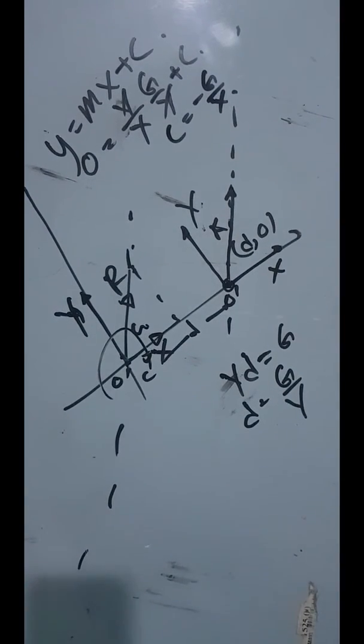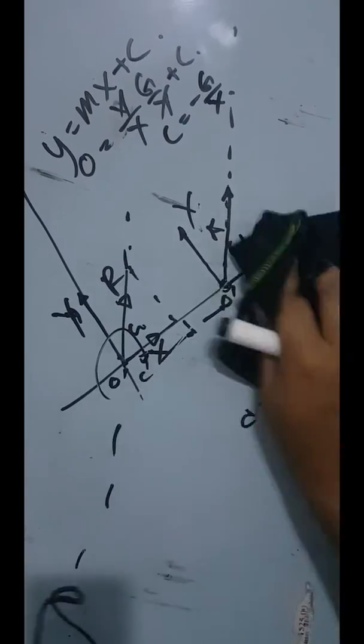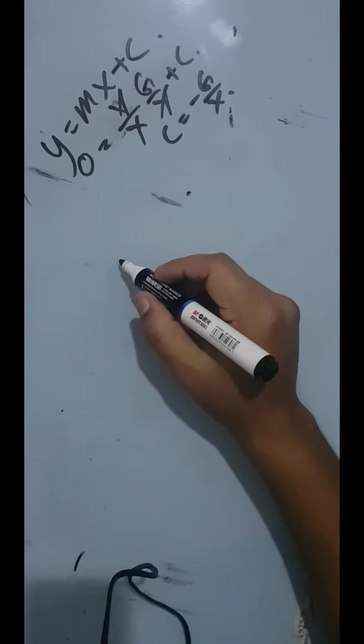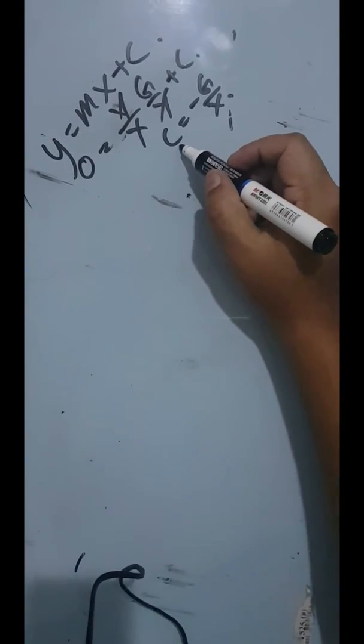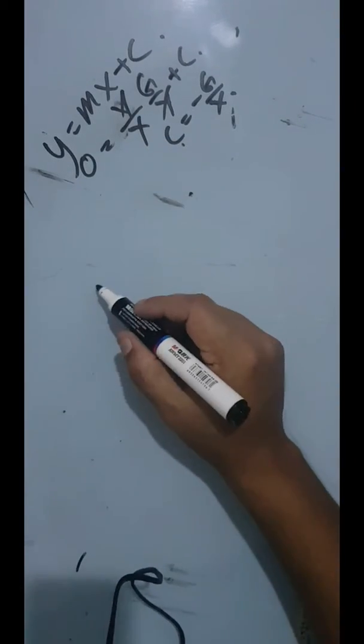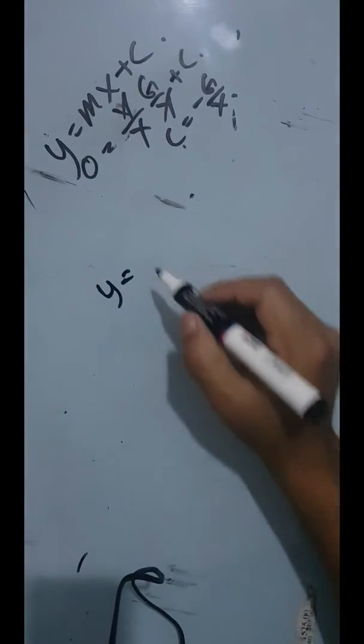Right, let's erase this thing for a moment. So now you know c and you already knew m. So what is the equation of the line?